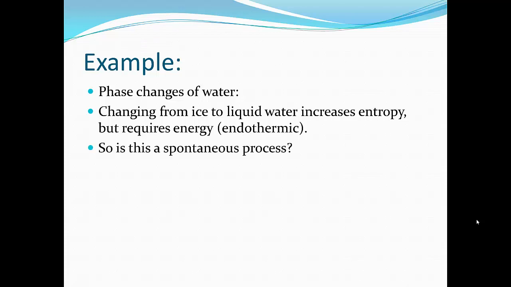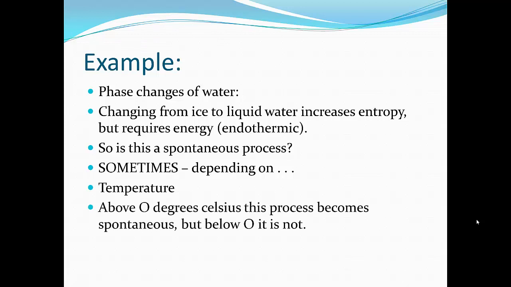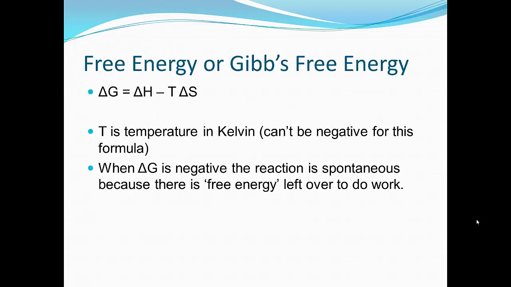So is this going to be spontaneous? Well, does ice change to liquid water on its own? The answer is sometimes. It depends on the temperature. Above 0 degrees Celsius, this process becomes spontaneous, but below 0, it's not, which leads us to free energy, or Gibbs free energy.